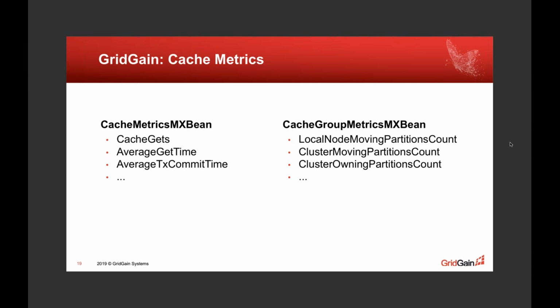For example, you can track rebalancing by looking at cache group metrics, and tell when partitions are moving between nodes, and if it's safe to stop nodes, or you should better wait for the rebalancing to finish.